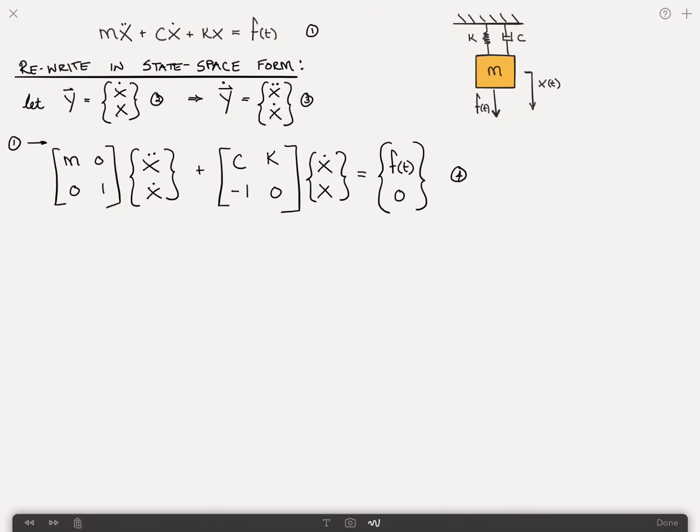It's constraining the system of equations in that manner. So it might seem like this is no big deal. All we've done is we've replaced equation 1 with equation 4, where we have twice as many equations because we've added this constraint equation.